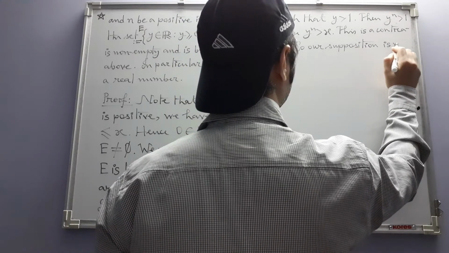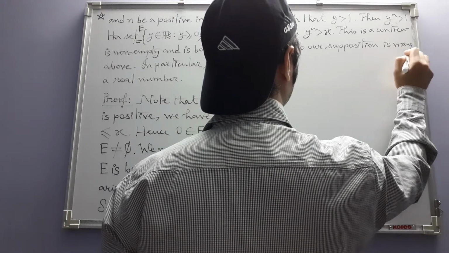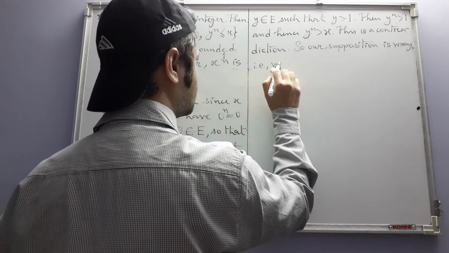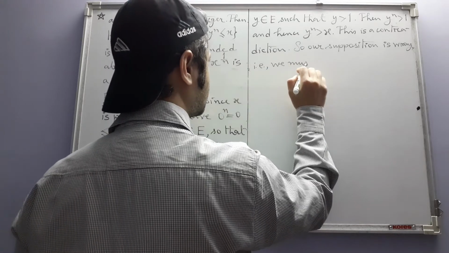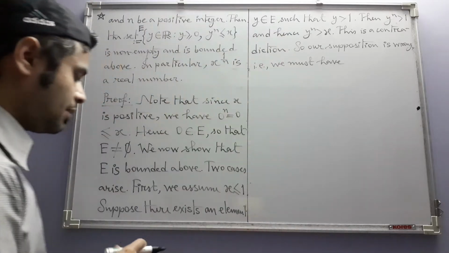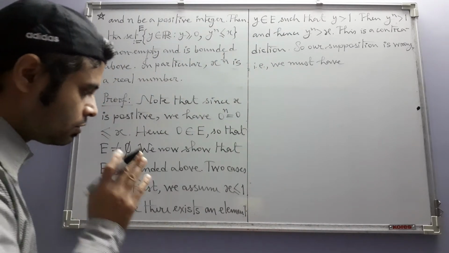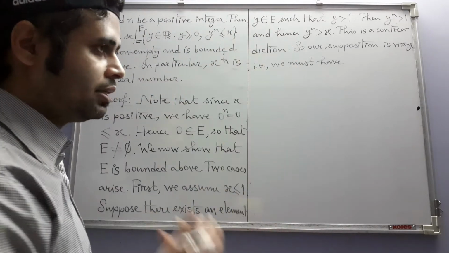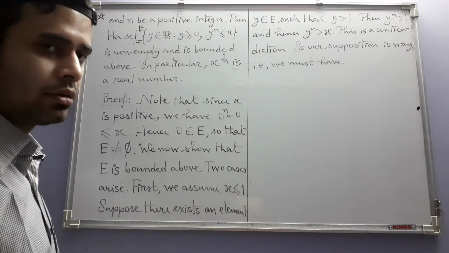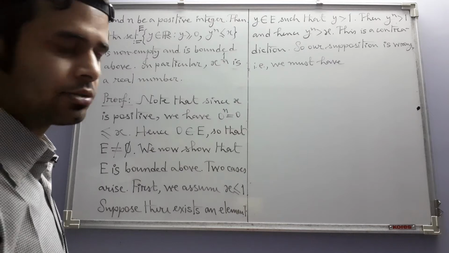So our supposition is wrong. That means no element in E can be greater than 1.